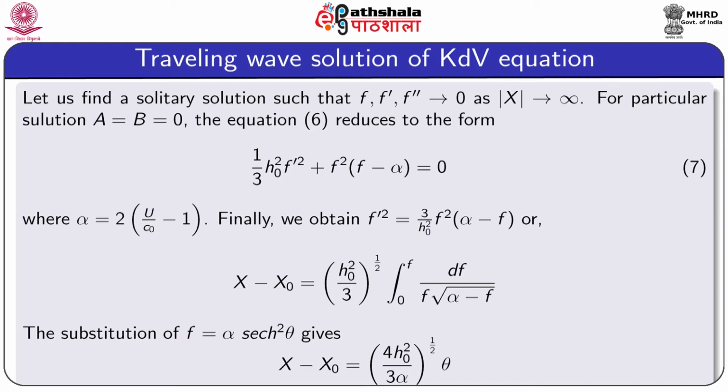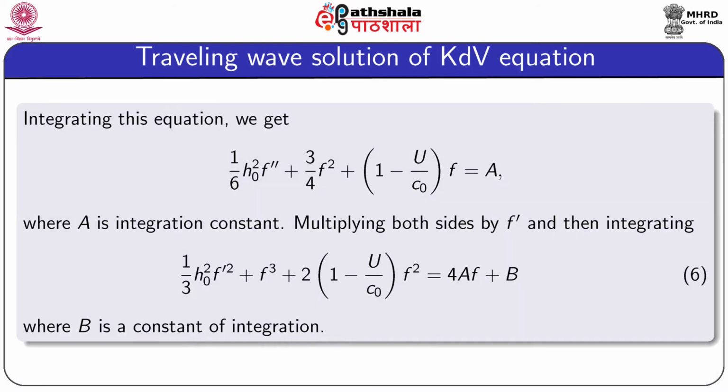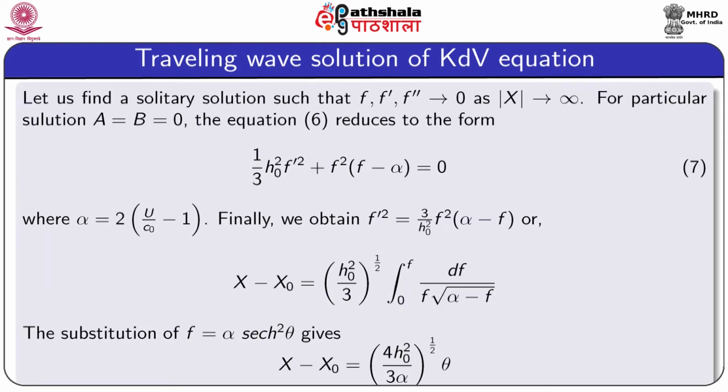So, under this condition, in equation 6 we put A equals 0 and B equals 0. It reduces to (1/3) H0 square f' square plus f square into (f minus alpha) equals 0, where alpha is a constant equal to 2 into u by C0 minus 1.